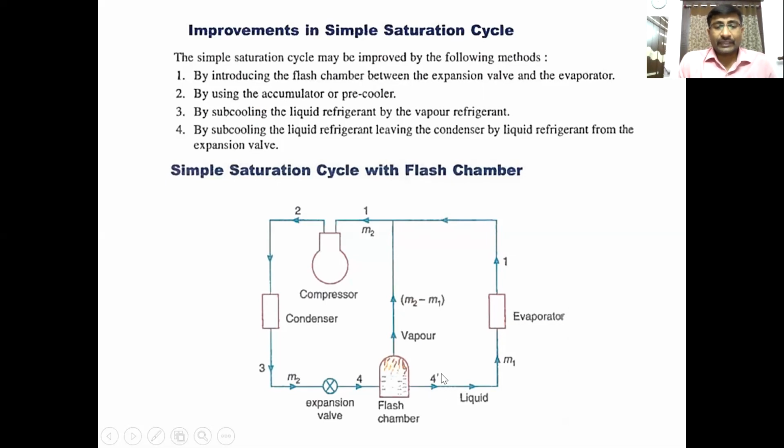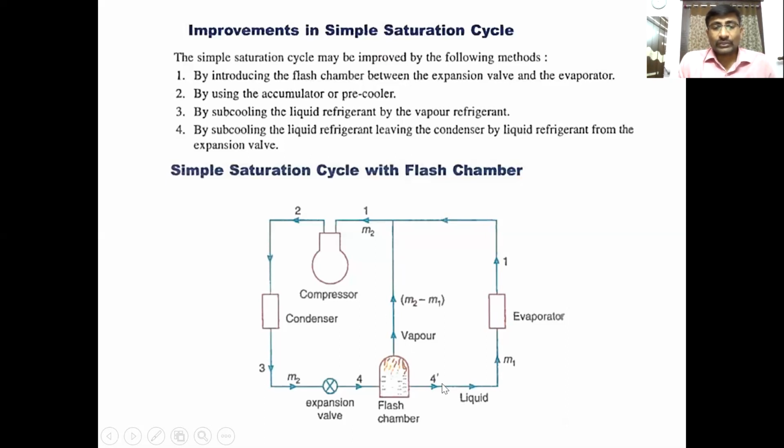That means we are avoiding the vapor refrigerant from entering the evaporator. We are restricting the vapor, and only the liquid refrigerant is allowed into the evaporator. Since the vapor refrigerant is bypassed from the evaporator, the evaporator size can be decreased.